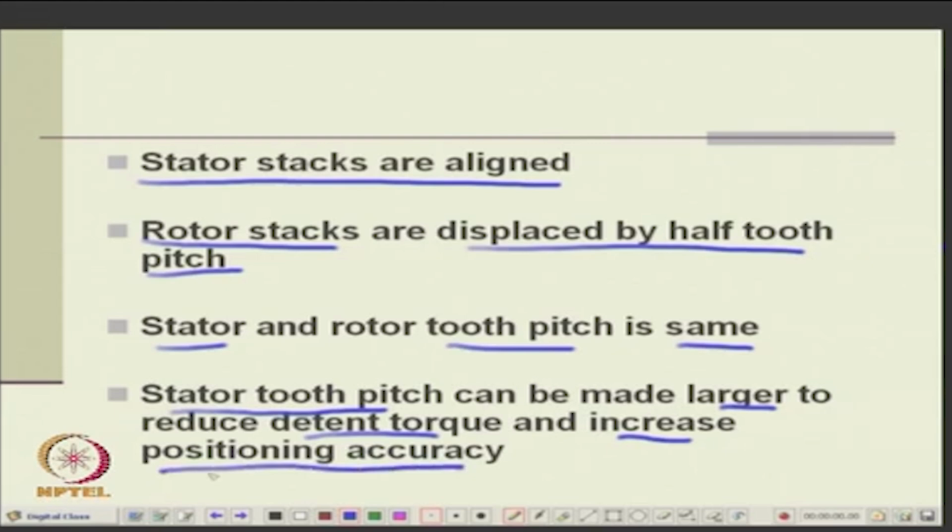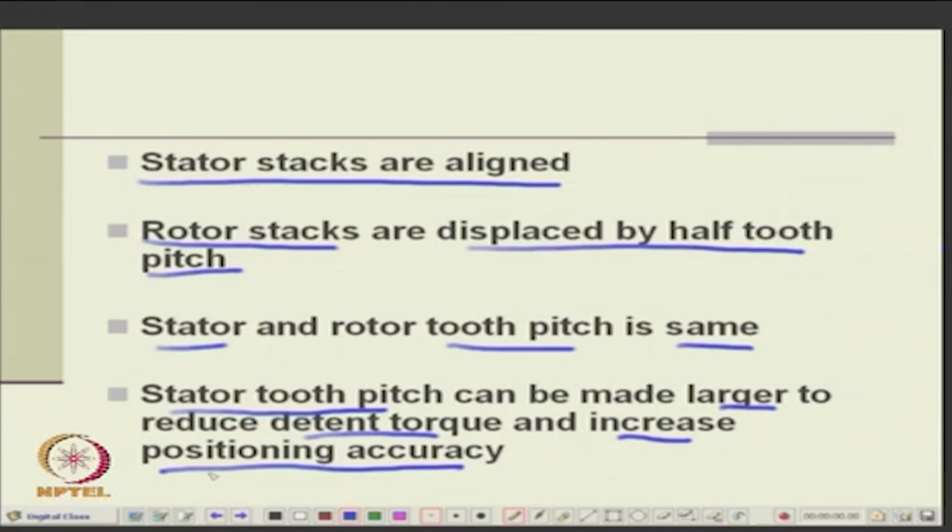Detent torque is the torque which it can experience at rest, unexcited, in PM machines, and the maximum holding torque is how much maximum torque you can apply on the shaft, when you excite a coil, before it slips out of step. So, these are some definitions.